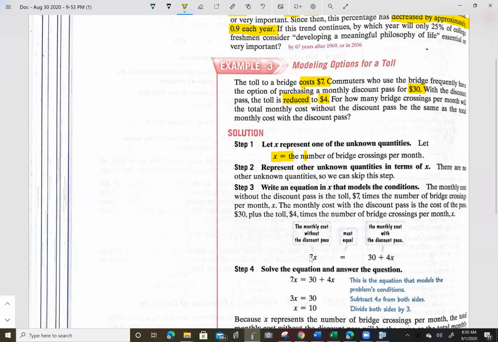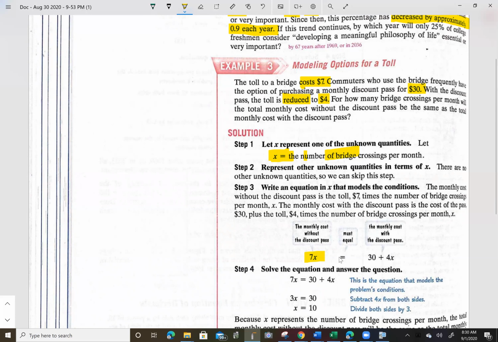That's okay. The monthly cost without the discount pass is $7 every time you cross the bridge, right? So up here we said x was the number of times you crossed the bridge. So if you have to pay $7 each time, that is 7x.